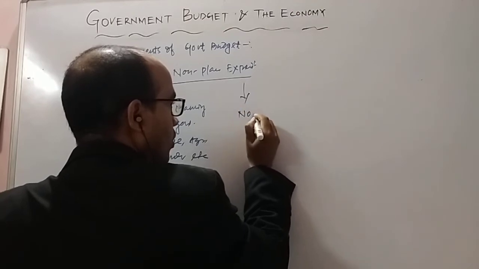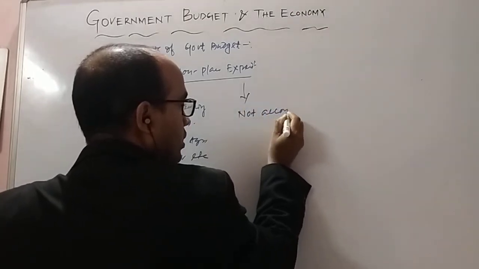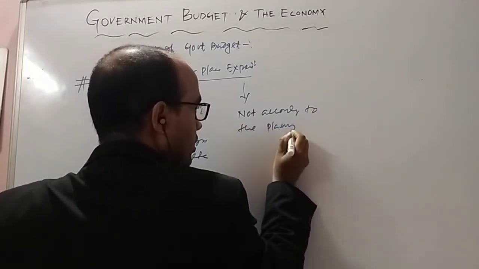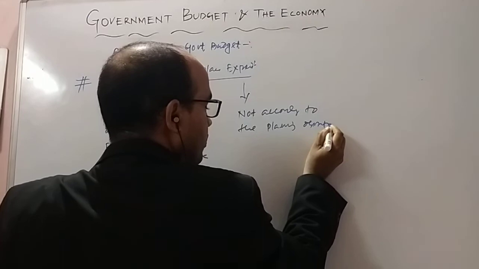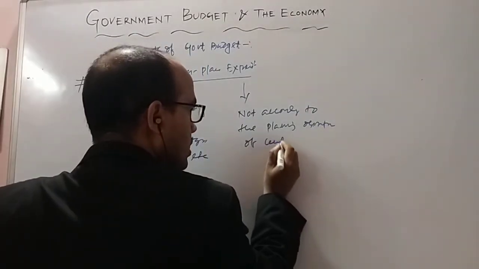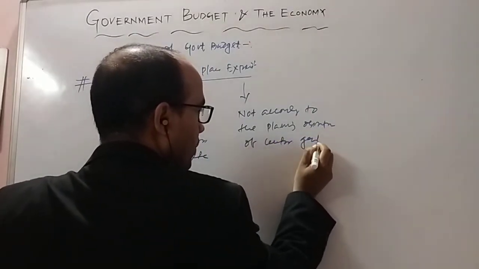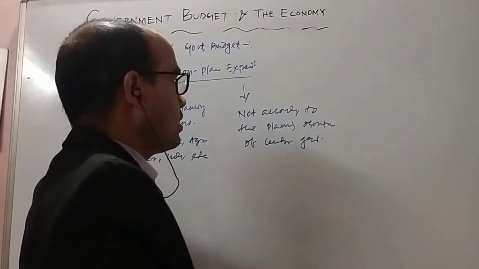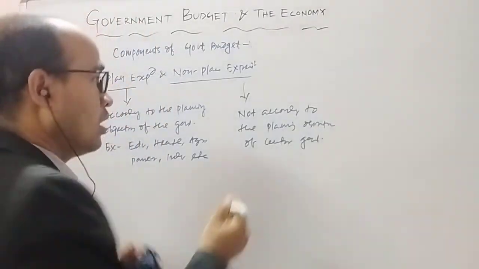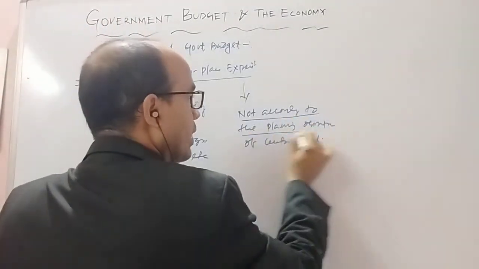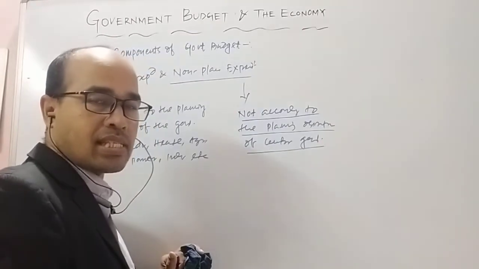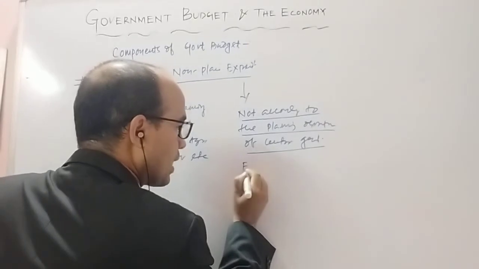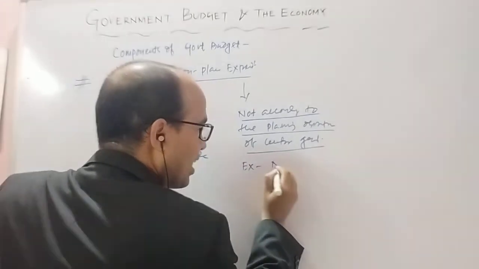Not according to the planning objective of the central government. Okay, once again, what is the meaning of non-plan expenditure? It is not related, not according to the planning objective of the central government. That means the central government made that plan, but there are expenses like expenditure by the government for natural calamity.